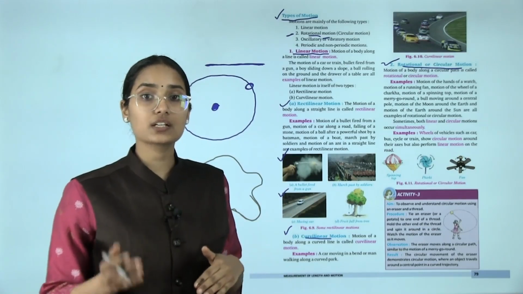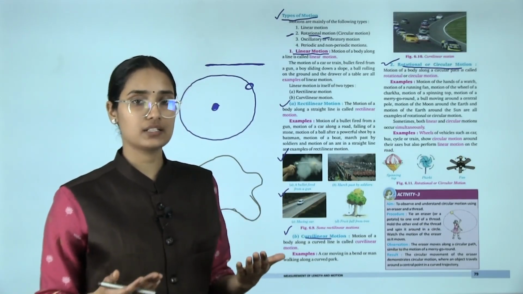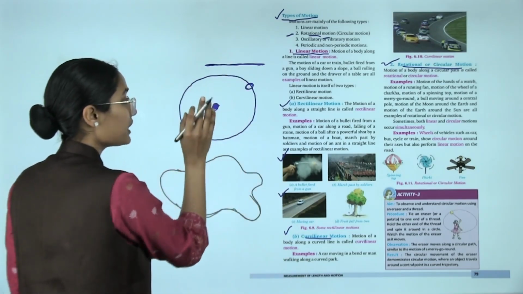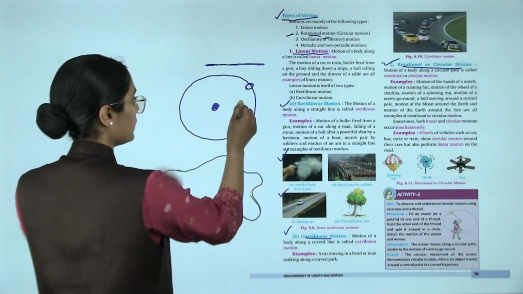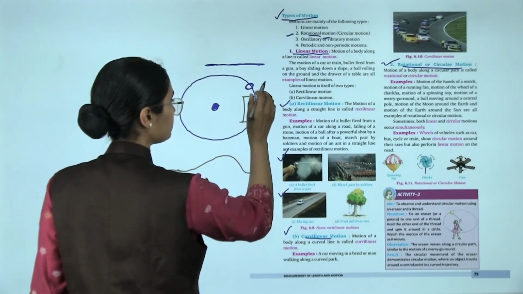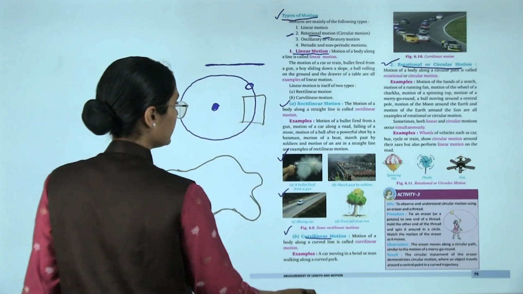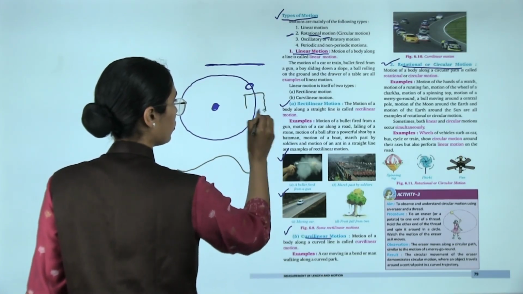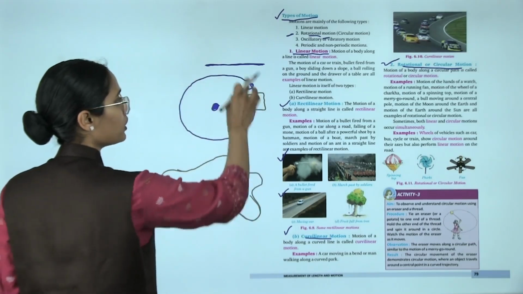Sometimes both linear and circular motion occur simultaneously. How? Let's say this is a circular motion. But if we look closely, let's take only this part of this full motion.